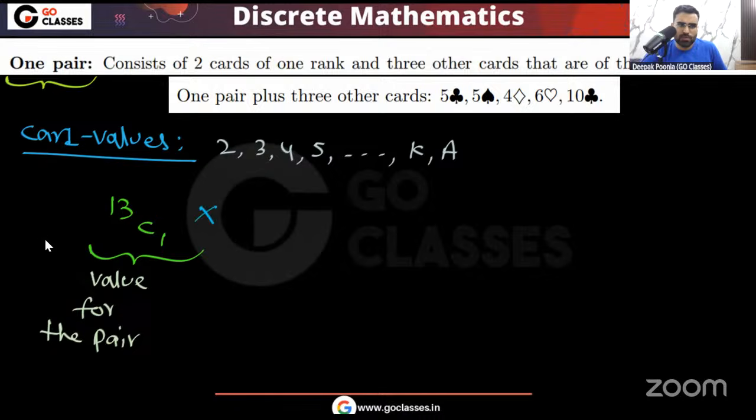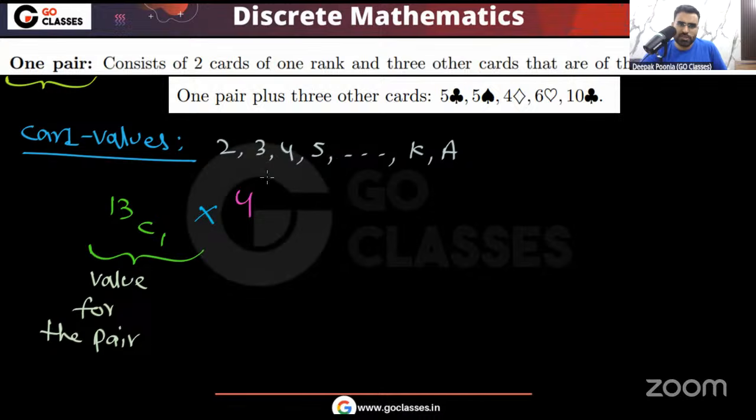Now once we have chosen a value, let's assume we have chosen king. Then for this king I need two cards because I want a pair, right? I want two cards of the same value. But for any value there are total four cards, in four suits, right?